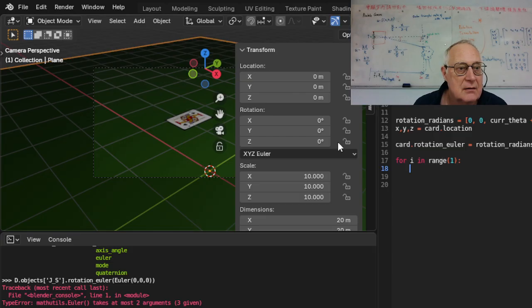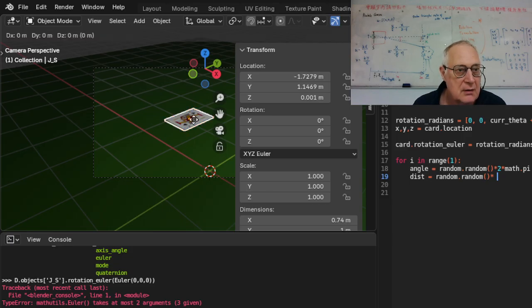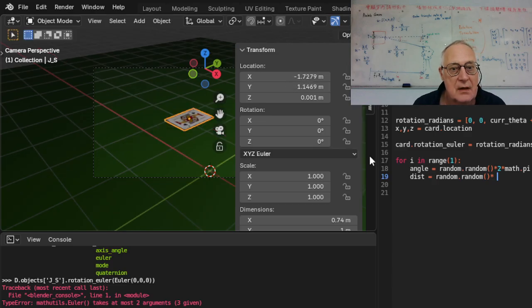And then, pi, so I generate an angle, I generate a distance, which is random.random multiplied by 1.7 meters. There. 1 meter.